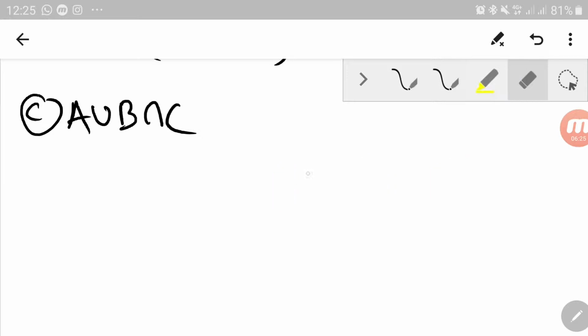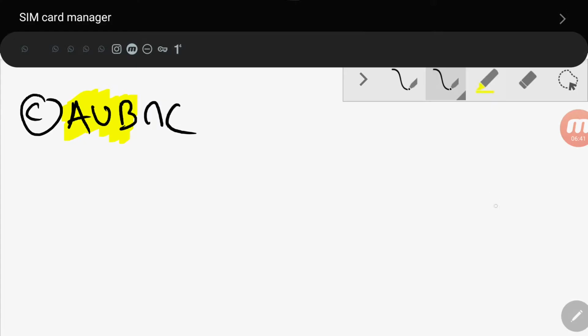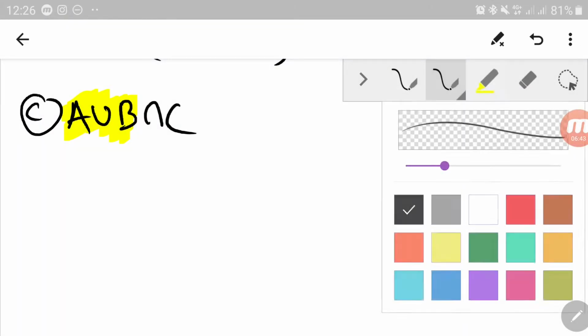It's quite difficult and troublesome for us to do in one go. So maybe we can do A union B first, and then we take the intersection with C. So we are doing this one first.